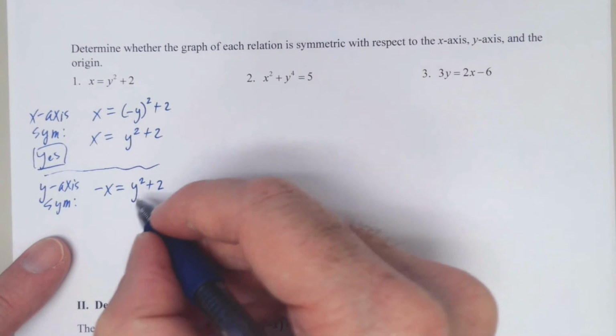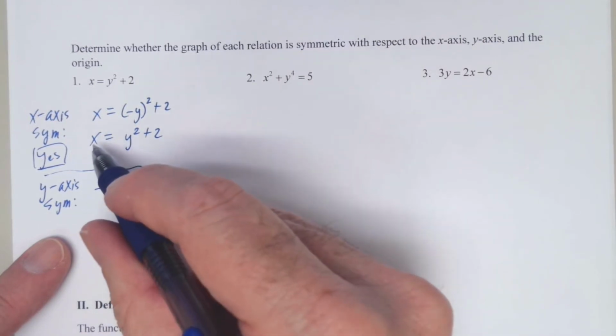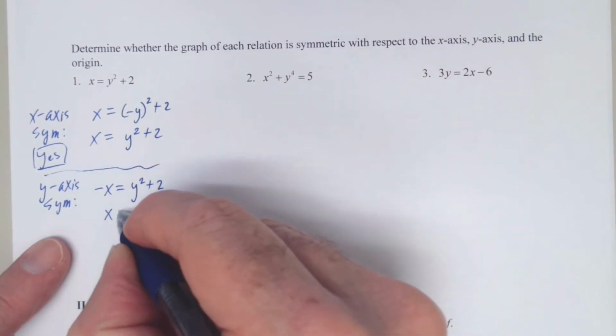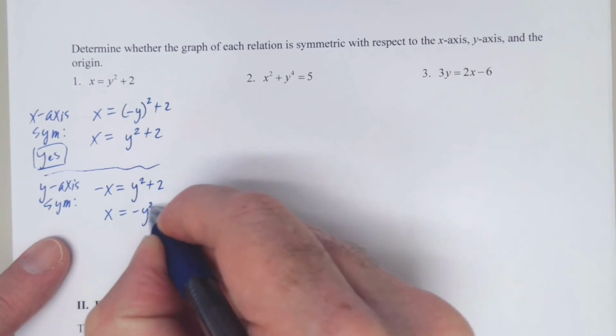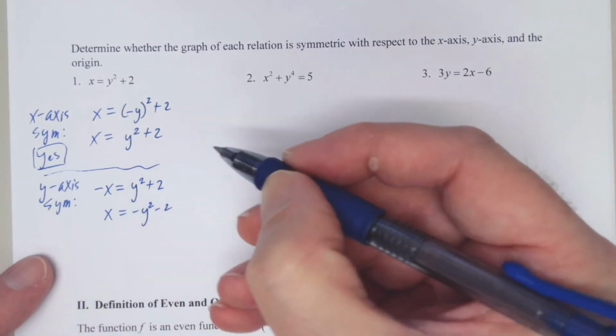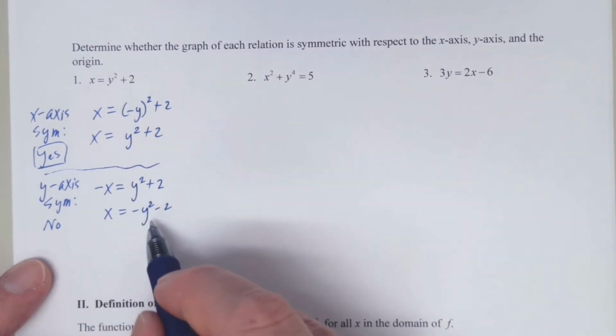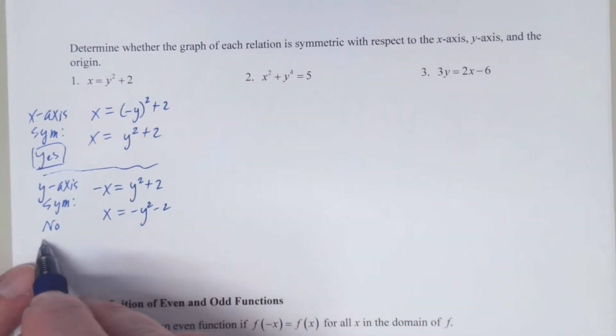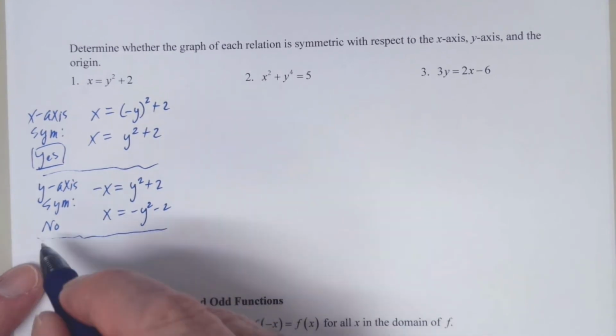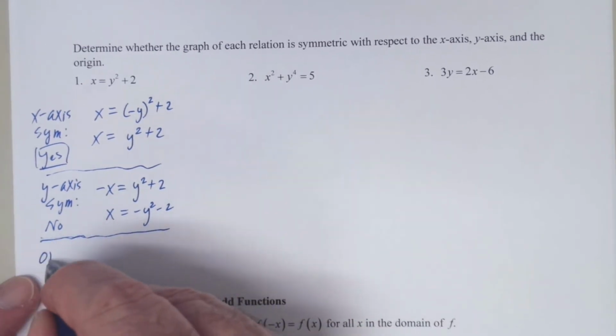Now notice if I multiplied both sides by -1 so that I could get the x, I would end up having opposite signs over here. And so the answer is no, because our equation is not unchanged. It's definitely changed.